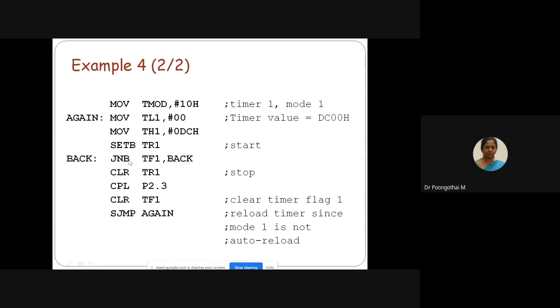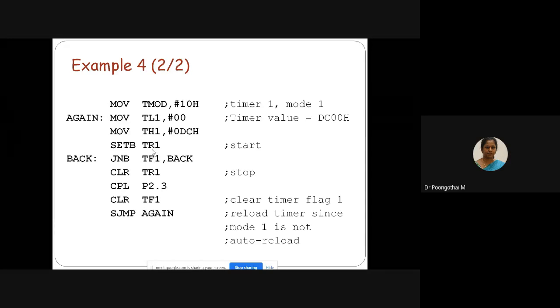After starting the timer, you monitor the overflow flag, stop the timer, complement P2.3, clear the overflow flag, and repeat the operation. Mode 1 is not auto reload, so every time you have to reload the initial value of your timer in order to generate a continuous square wave.